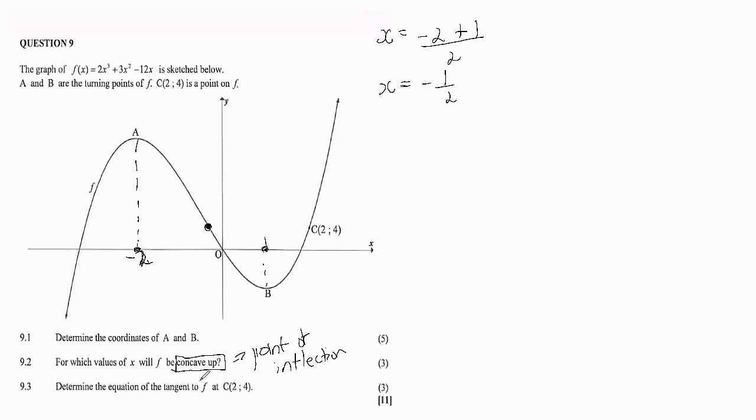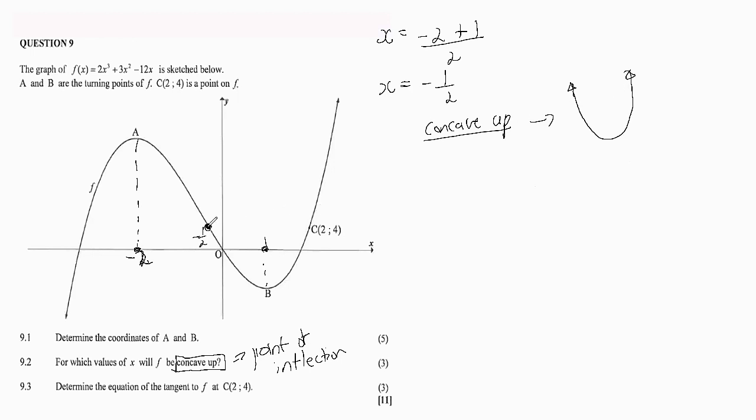But then what are we looking for? We are looking for all the values of x for which it will be concave up, right? So if this is -1/2, what is concave up? We need to first understand that when they say concave up, they are referring to the smiling graph, a shape like this, right? So where do we find our cubic function imitating that shape?